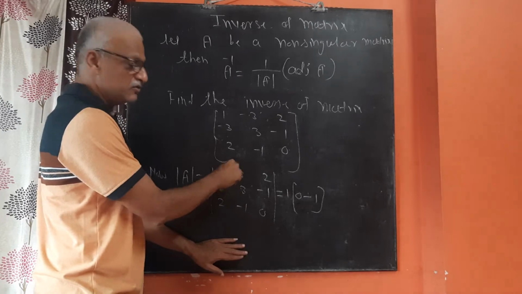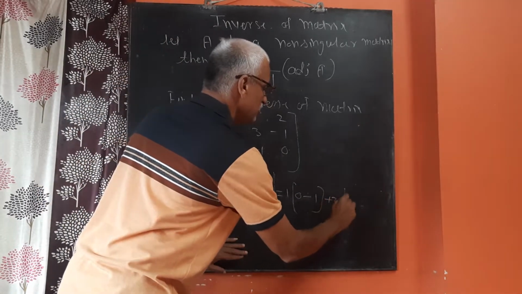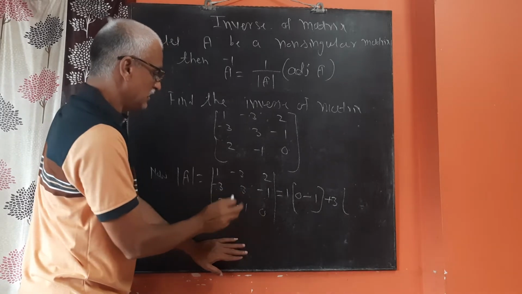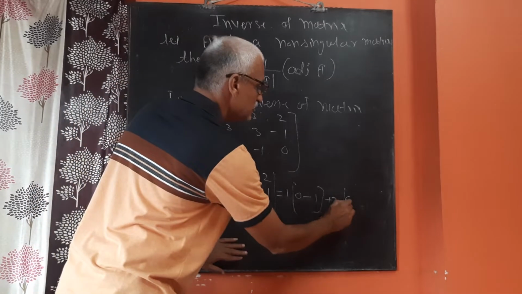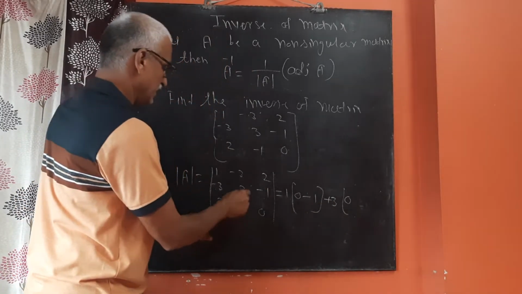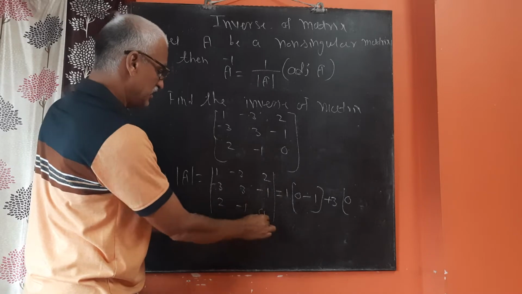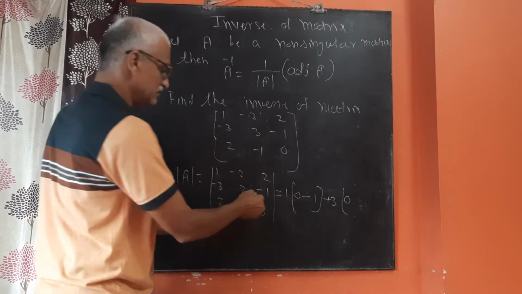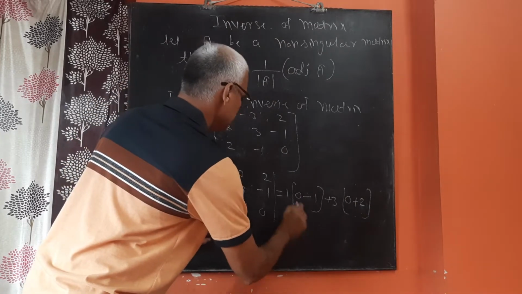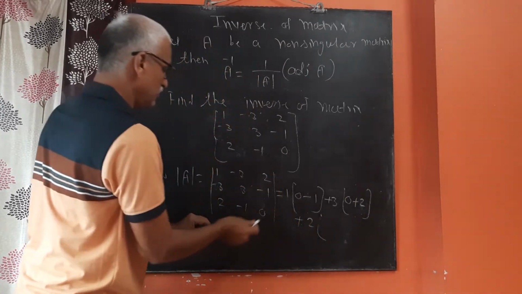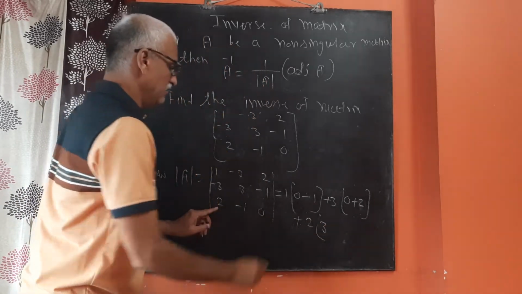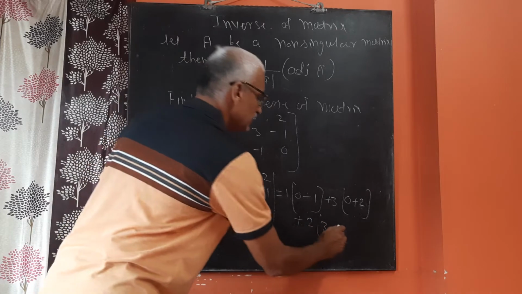The middle element is negative, so changing its sign, that will be 3 into (minus 3 into 0, that is 0, minus 2 into minus 1, minus of minus means plus 2). Then plus 2 into (minus 3 into minus 1, that is 3, minus 3 into 2, that is 6).